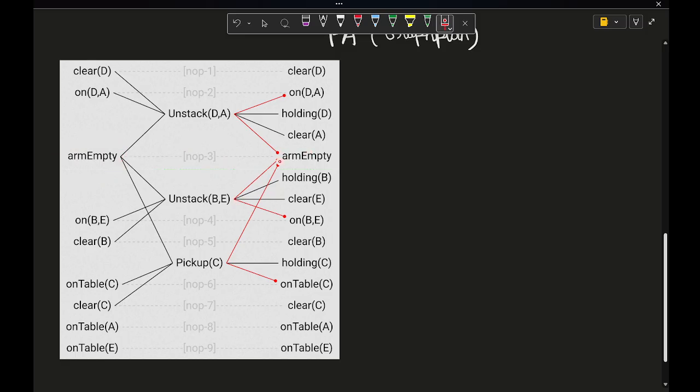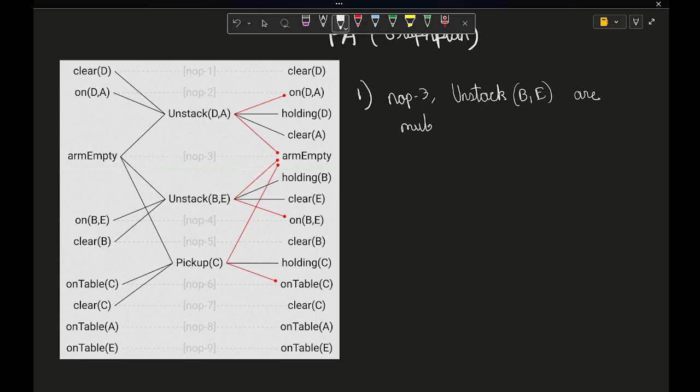So both can't happen at the same time. That's why unstack BE and no op 3 are mutex based upon the second condition. So no op 3 and unstack BE are mutex because the first reason is inconsistent effects, arm empty.